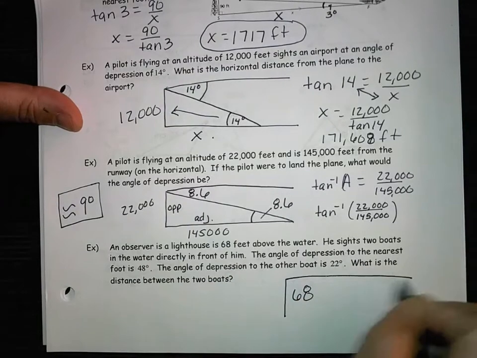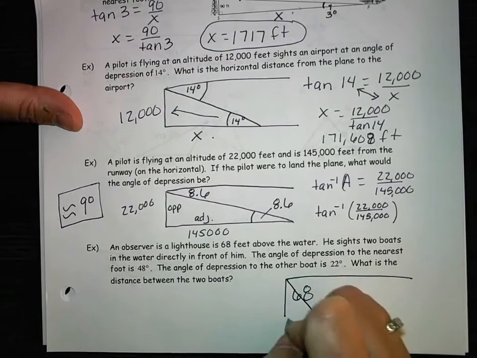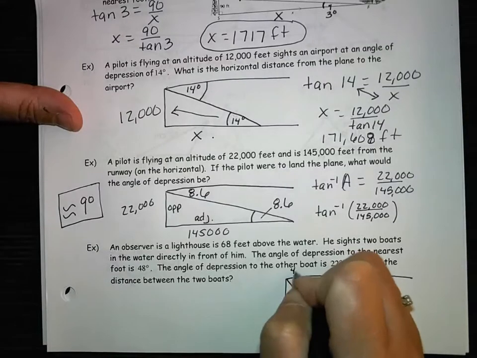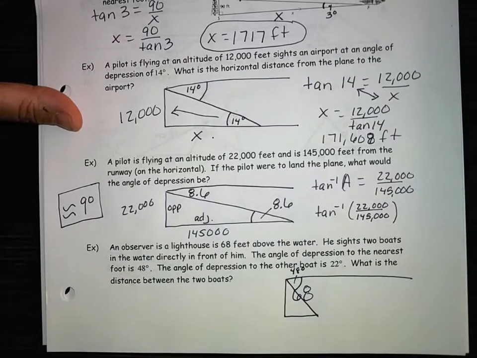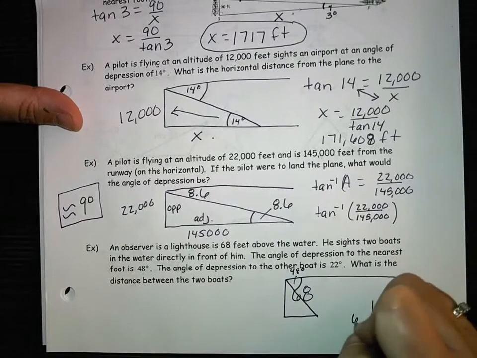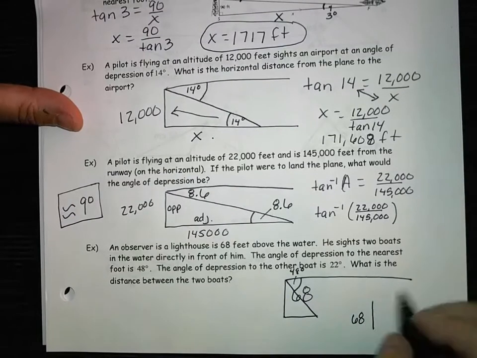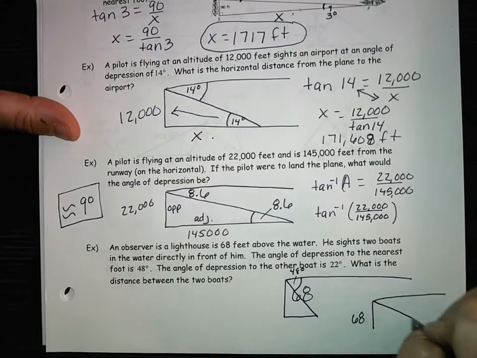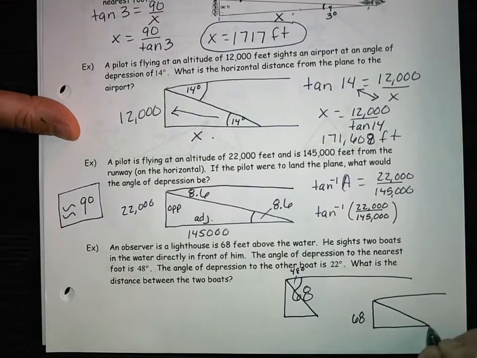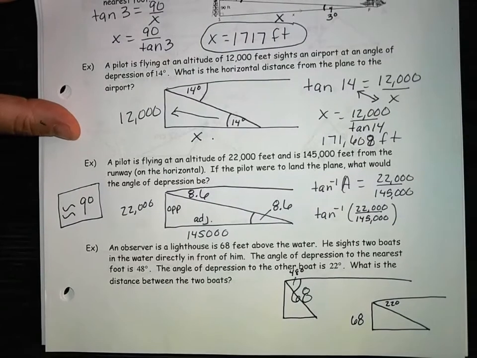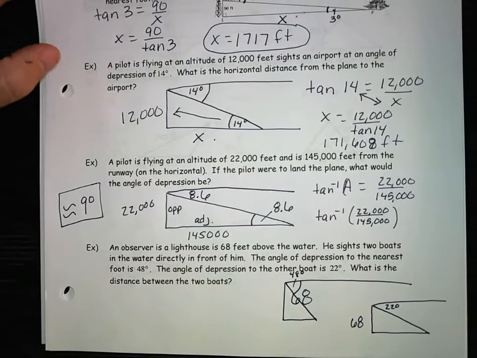So this one right here, the angle of depression is 48 degrees. Now the second one, 68 feet tall, from the horizontal, our angle of depression is 22 degrees. And the question is, what is the distance between the two boats?